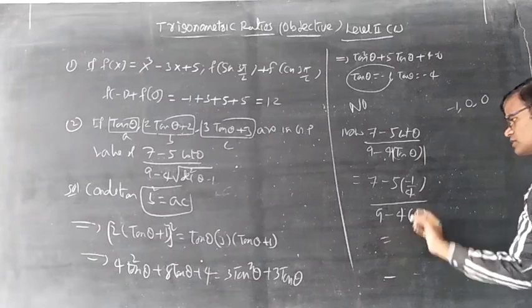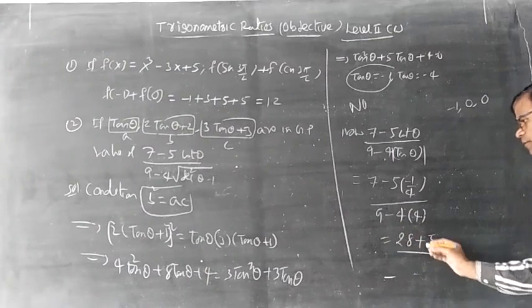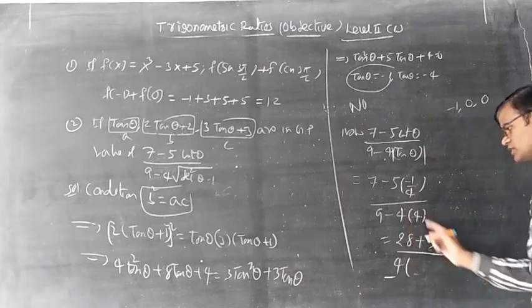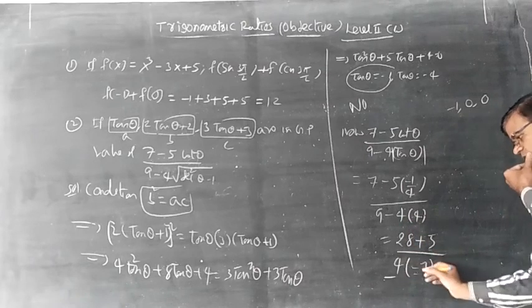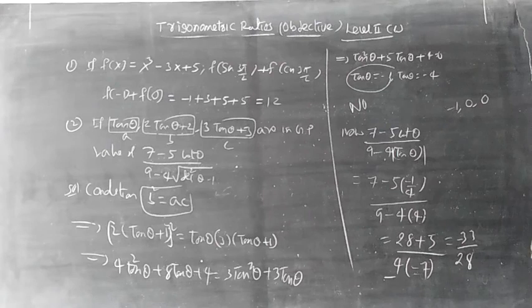Now what will happen? 4 7s are 28, 28 plus 5 by 4 into 9 minus 16, minus 7. See the answer, minus 3 by, minus 33 by 28.